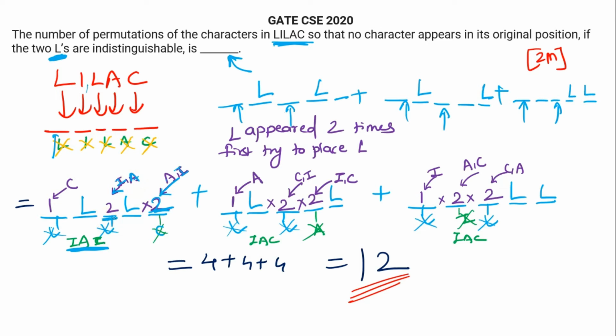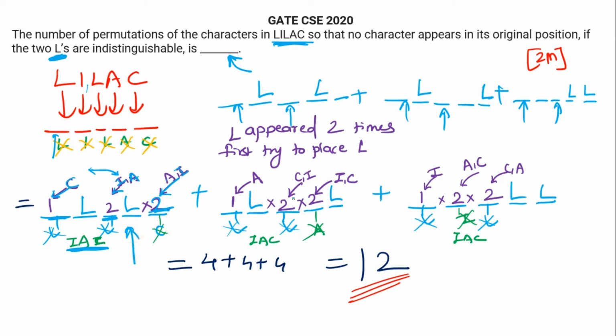The last remaining character, that is C, I can keep at this particular position. You can swap this and this vice versa, but you will get the same count, that is 1 into 2 into 2, which means there are four ways in which you can keep these L's.